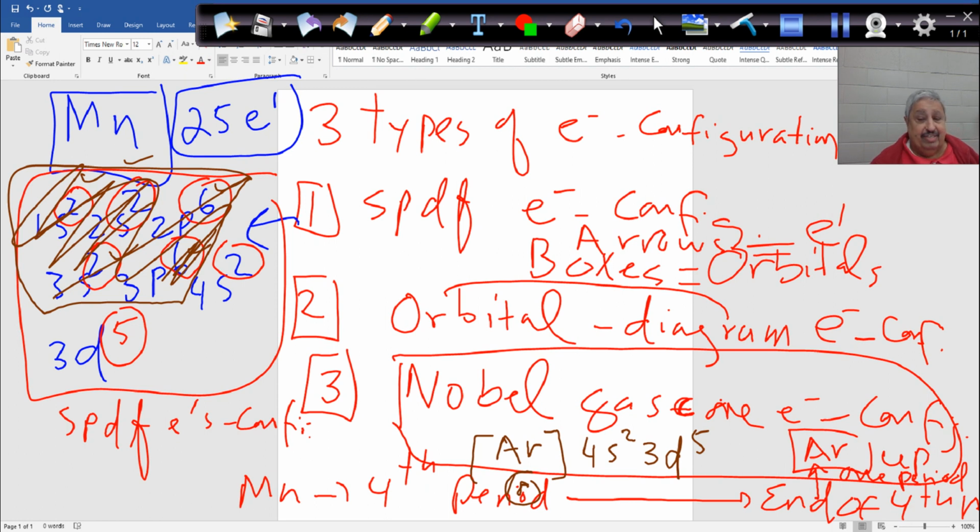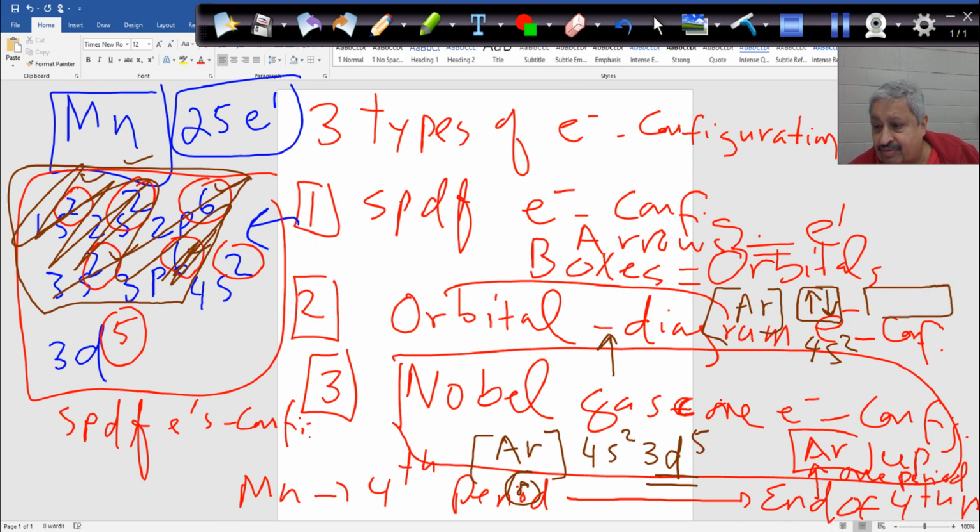Now, the orbital diagram will come easy to me. I can write argon here, and then do boxes. The s is one box. It has one up, one down, correct? This is for 4s2. Each arrow represents 1 electron. So 1 up, they have to be different spin. The d, however, has how many? 5.